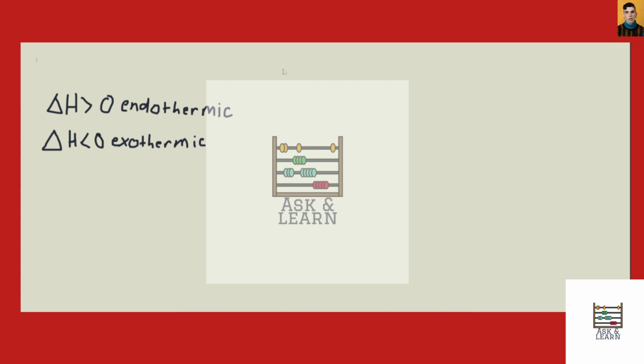So this is what it would look like. A plus heat, which I'll just denote as Q, yields C. That's going to be an endothermic reaction. An exothermic reaction is going to be B decomposing and producing product D plus heat.